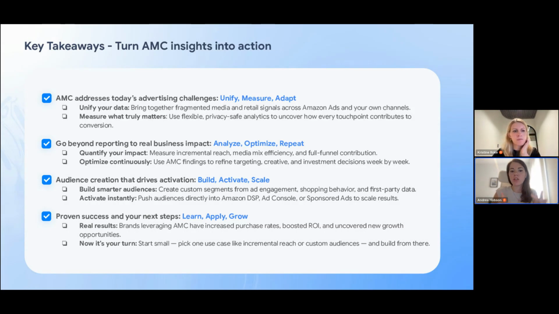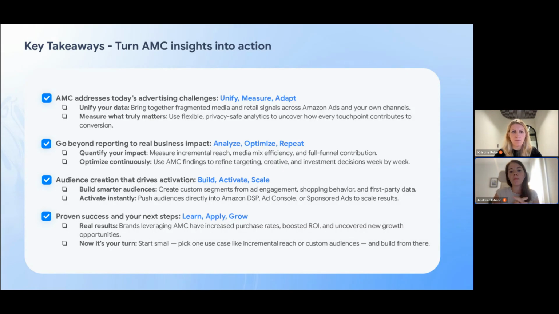So essentially analyze, build, and then activate those audiences, and afterwards remeasure and understand what works and what doesn't work. And then lastly, that's the proof. It's really there. Brands are using AMC, and they see measurable lifts in purchase rates, in conversion efficiency, and return on investment.